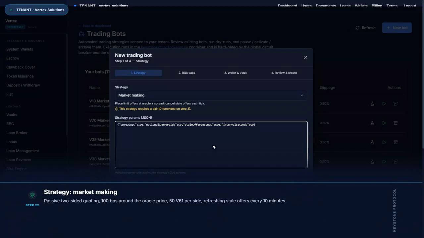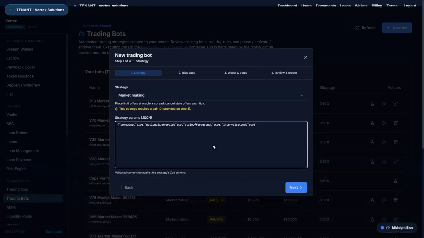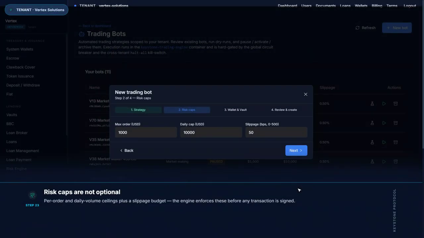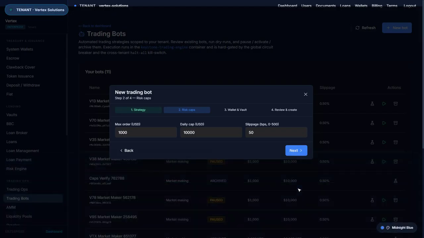Strategy: market making. Passive two-sided quoting, 100 BPS around the oracle price, 50 VER61 per side, refreshing stale offers every 10 minutes. Risk caps are not optional. Per-order and daily volume ceilings plus a slippage budget; the engine enforces these before any transaction is signed.